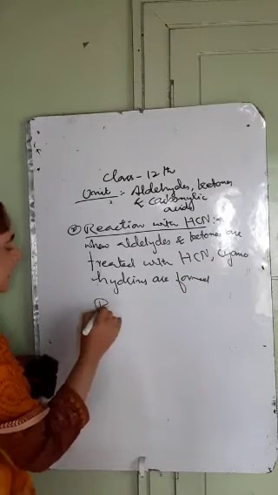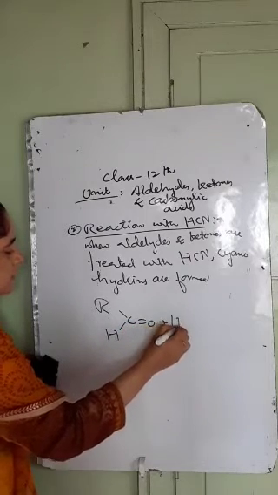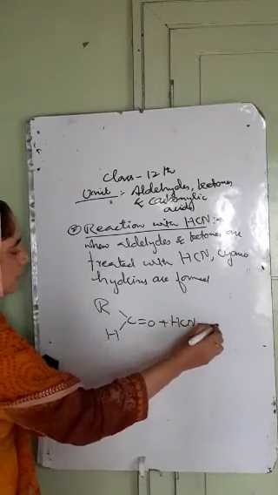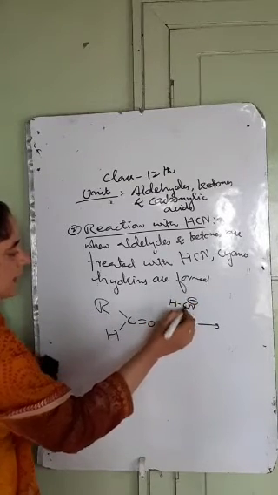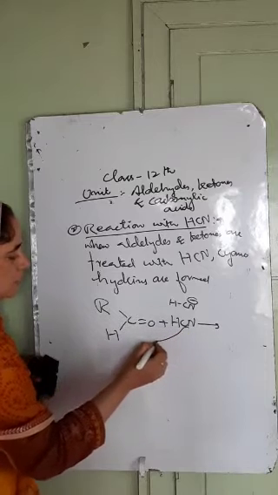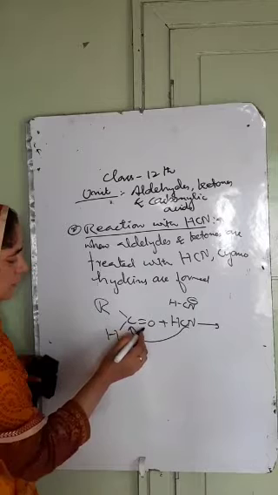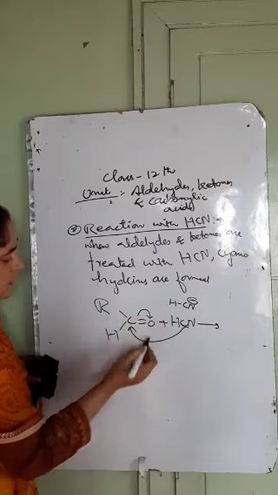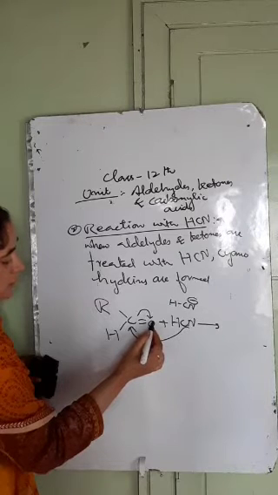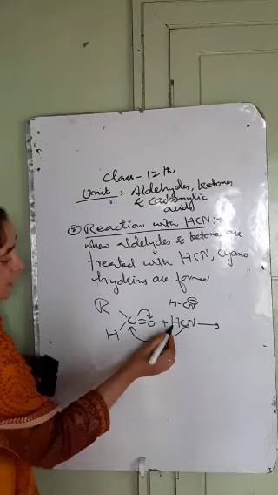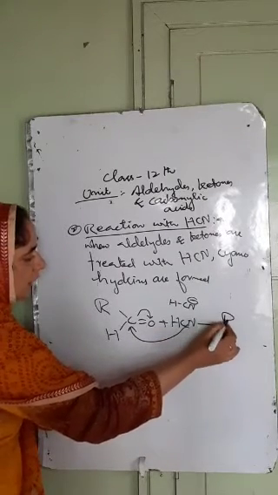Suppose we have aldehyde R, H and C double bond O, it will react with HCN. In hydrogen cyanide, the nucleophilic part is the cyanide, the cyano part, and this cyano part will attack the carbon of the C double bond O, and the pi electrons get displaced towards the oxygen, forming a negatively charged species, which then reacts with H positive of hydrogen cyanide, resulting in the formation of cyanohydrins.